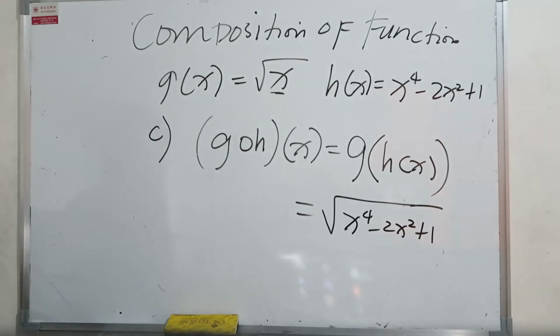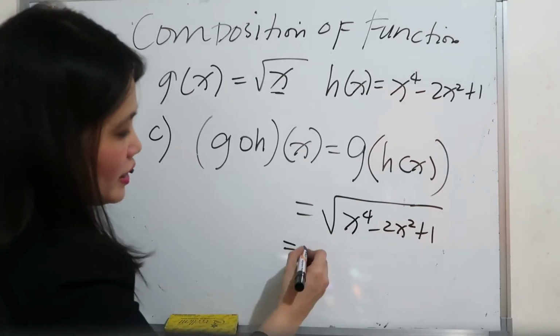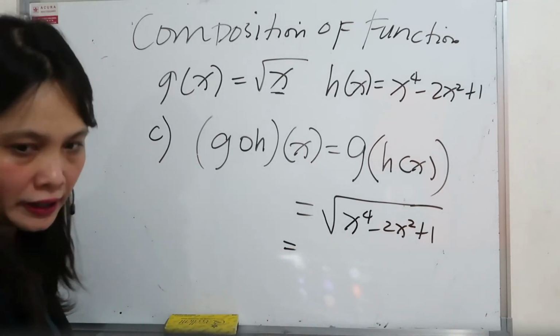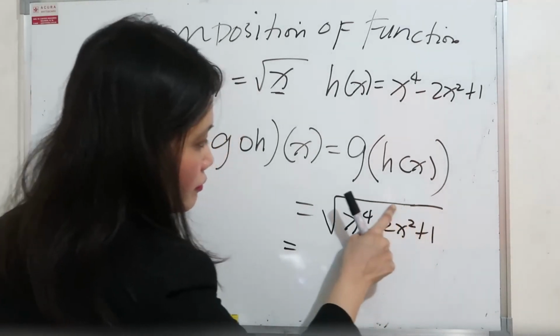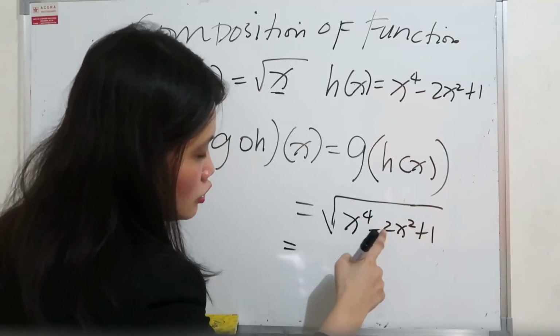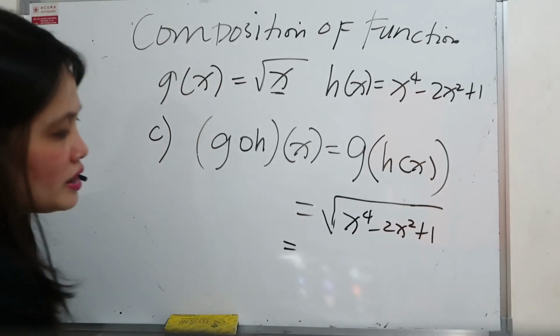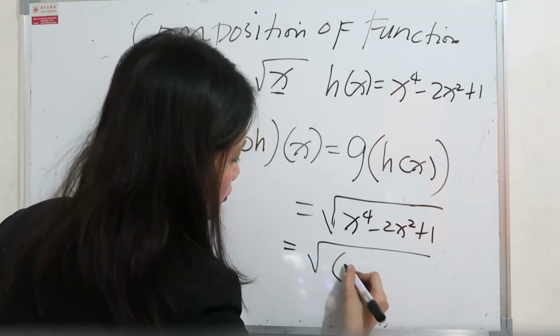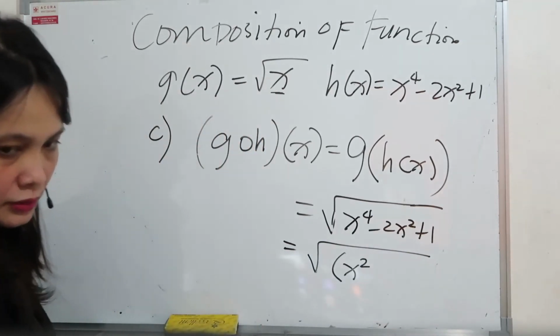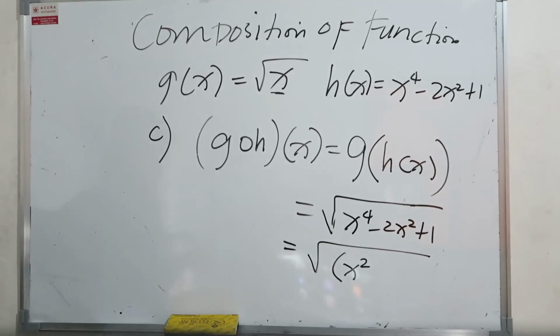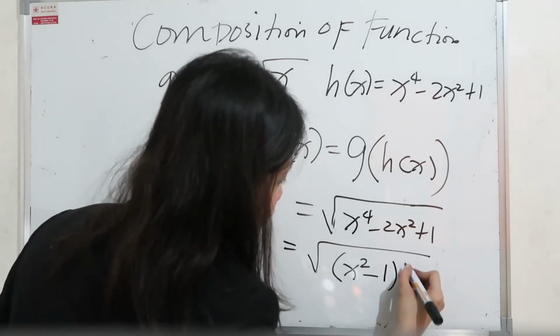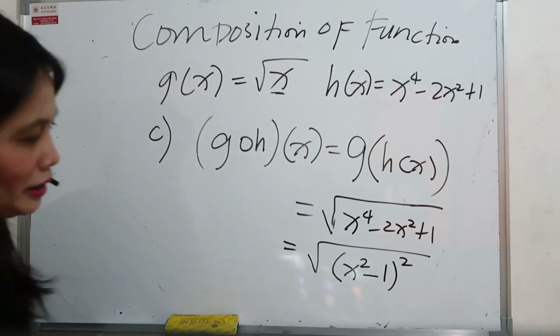How do we simplify this? Get the factor of x raised to 4 minus 2x squared plus 1. It's a perfect square. So the factor will be x squared minus 1 squared.